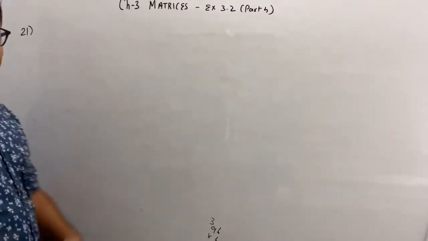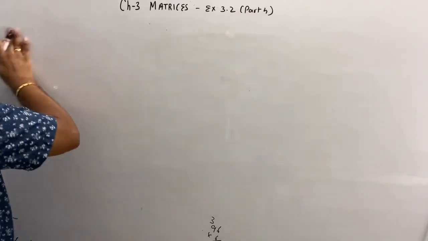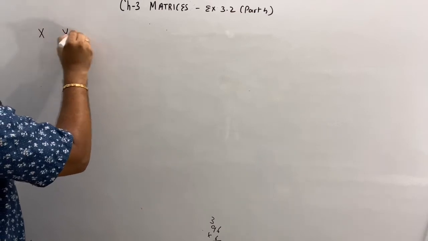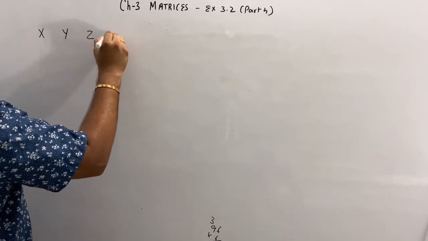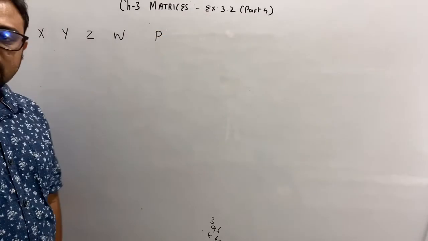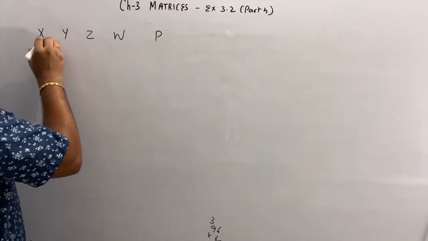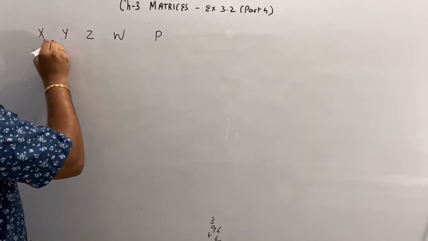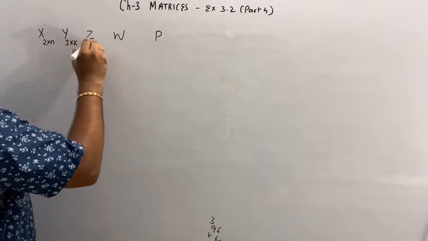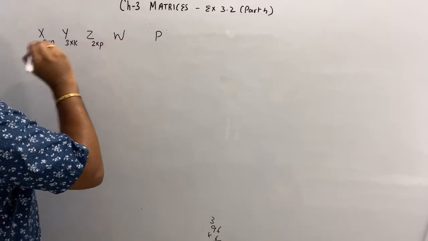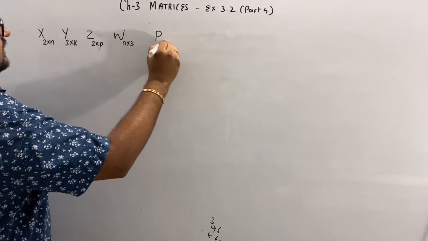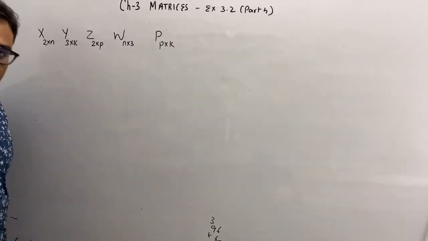In 20 before question 21, it is given that there are five matrices X, Y, Z, W and P. You have to assume that X is of the order 2 cross N, Y 3 cross K, Z 2 cross P, W N cross 3, and P cross K. Now this is the order.